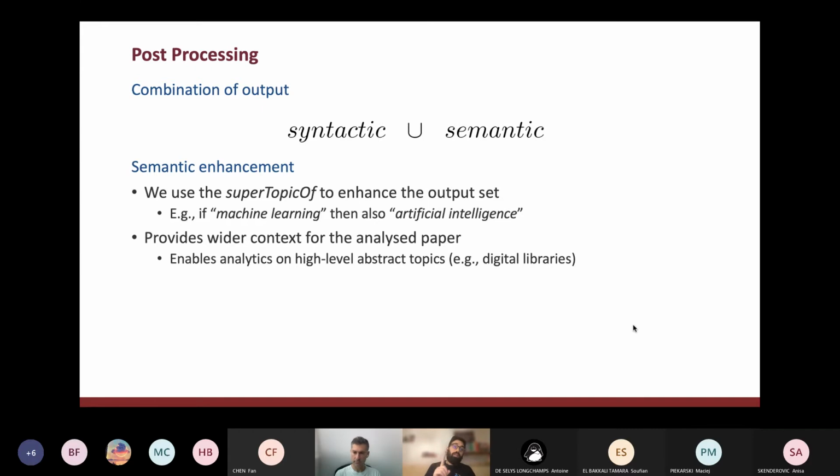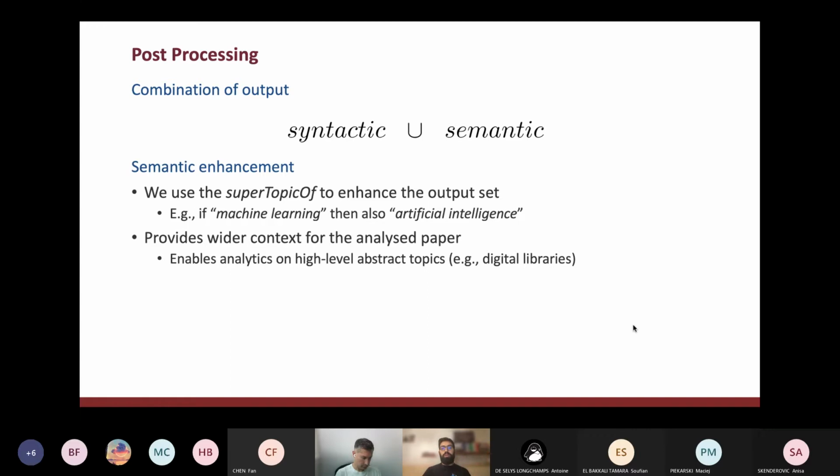And then we do another thing, which is the semantic enhancement. Because the ontology is not only a controlled vocabulary, but also has semantic relationships between topics, we include syntactic and semantic topics, but also the broader topics.